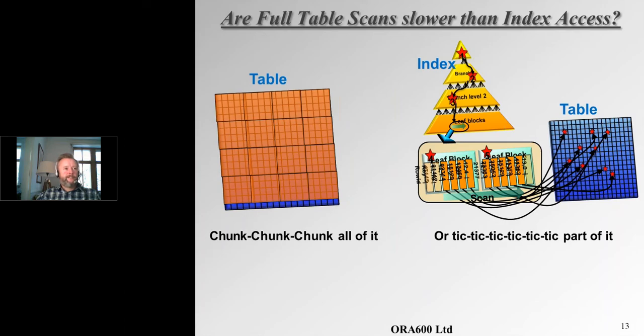If you need less than that, then an index range scan is going to be faster. And the larger the table is, generally speaking, the smaller a percentage of the records that a query needs is going to be more efficient for a range scan. So if you've got 1 billion records in a table, it's probably not going to take anything more than 0.1% of the records before you might be faster doing a full table scan.